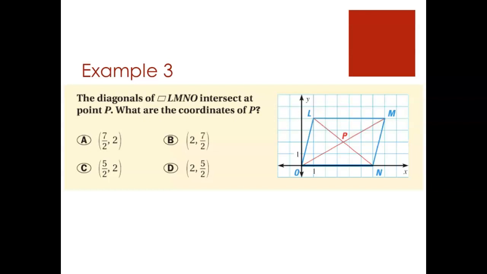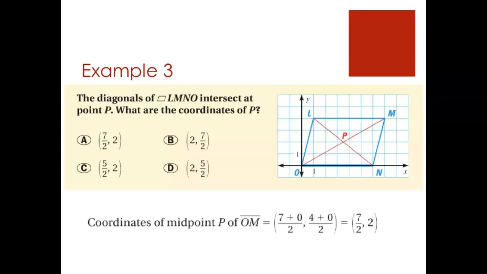So to find the midpoint, you'll remember this is x1 plus x2 over 2 for the x coordinate, and then y1 plus y2 over 2 for the y coordinate. So this will be 7 plus 0 over 2, 4 plus 0 over 2, which gives us 7 halves, comma 2. So this is going to be A.